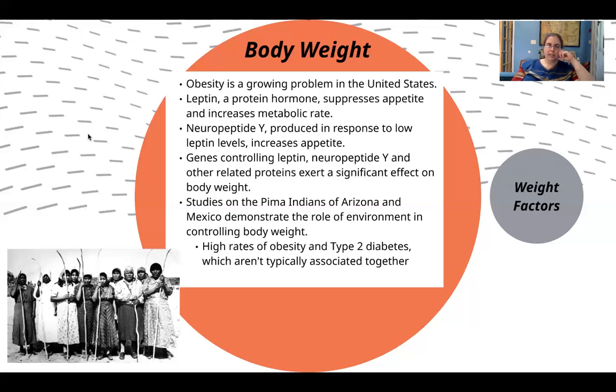For instance, what if you naturally, for whatever reason, you have a mutant allele that naturally keeps higher levels of leptin in your body? You might just really never be hungry and you might not eat that much, and that could lead to some health problems. People might think that you have an eating disorder when really it's that your appetite suppressant hormone is just on overdrive.